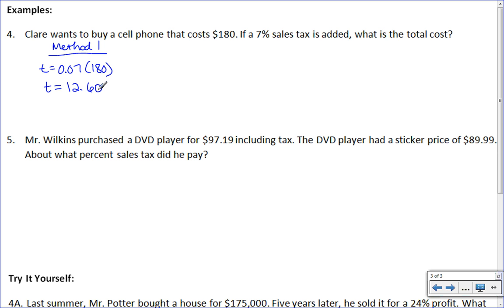So then if I want the total cost, I need the $180 for the phone plus the $12.60 sales tax. And that gives me a total of $192.60.